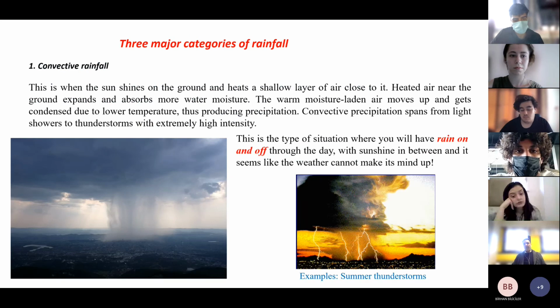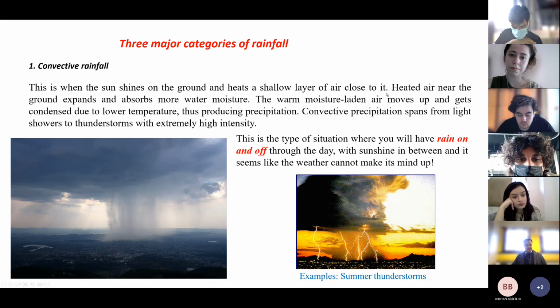Now we are going to study three main categories of rainfall events. The first category is convective rainfall. What does it mean? This is when the sun shines on the ground and heats a shallow layer of air close to it.